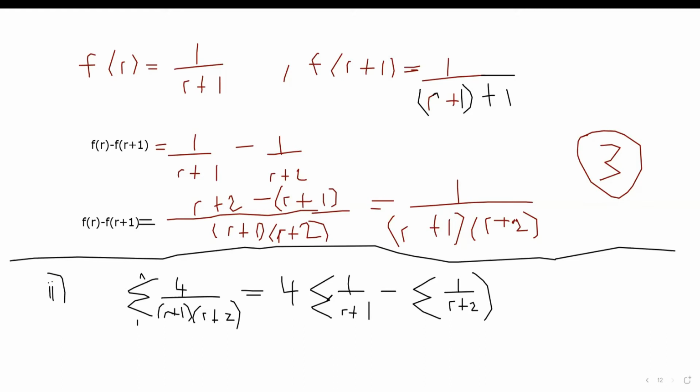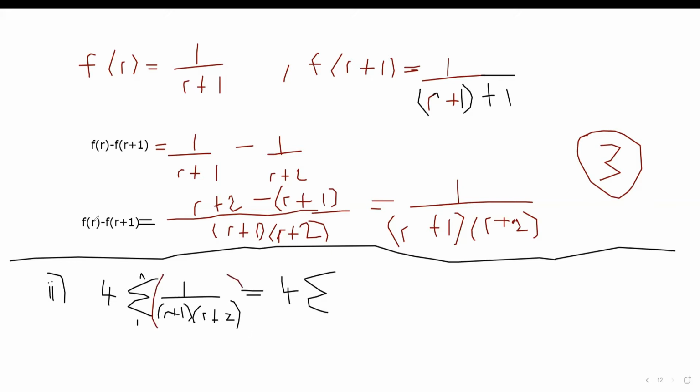I'm going to write it out because I want it to be extremely clear. I'm going to put the 4 on the outside and the 1 on the inside. We already deciphered that the 1 over (r plus 1)(r plus 2) is f of r minus f of r plus 1.